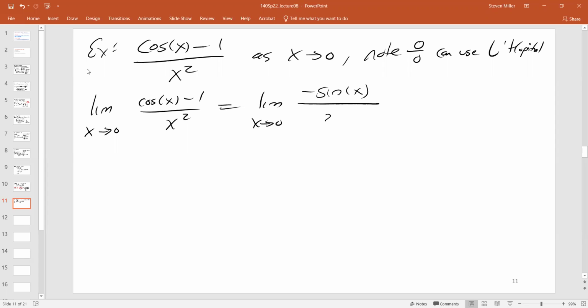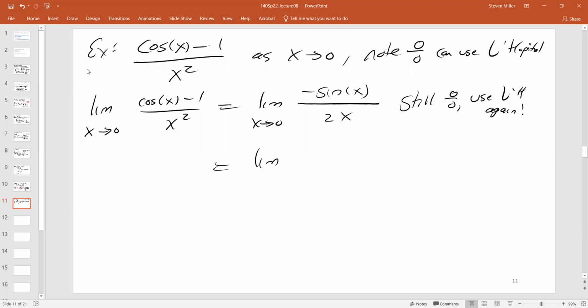And the derivative of x squared is 2x. And what do we have now as x goes to 0? What does the numerator look like? What's the sine of 0? 0. So it's still 0 over 0. So use L'Hopital again.